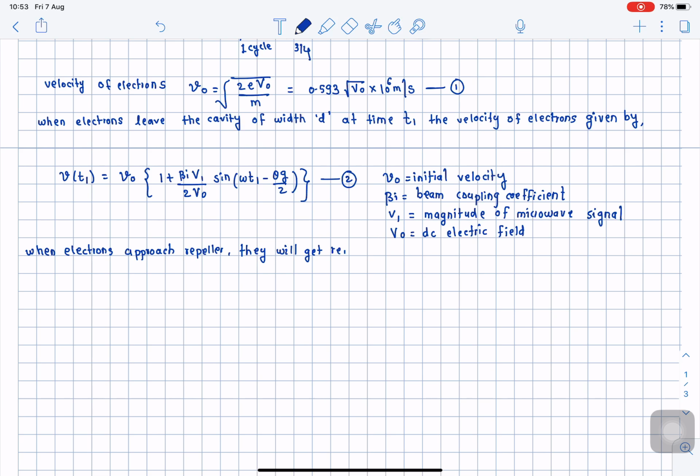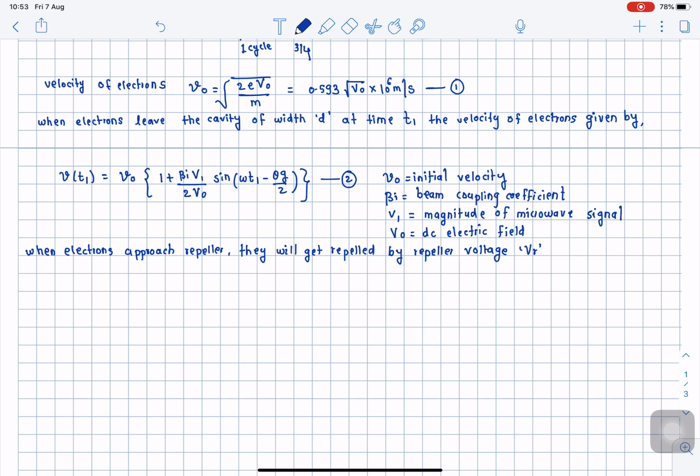Repelled means they will get pushed back. They will get repelled by the repeller voltage. This repeller voltage we call VR. That is again a DC voltage, right?